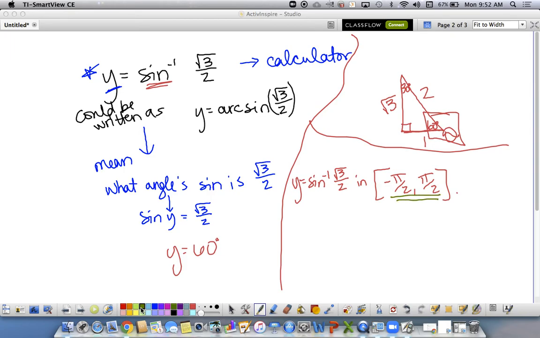Because my interval is in radians. If your interval is in radians, guess what answer they want? A radian answer. So instead of 60 degrees, you could simply convert that, right? Or you look at your plate, and your plate simply says that is pi over 3. Right? All right.